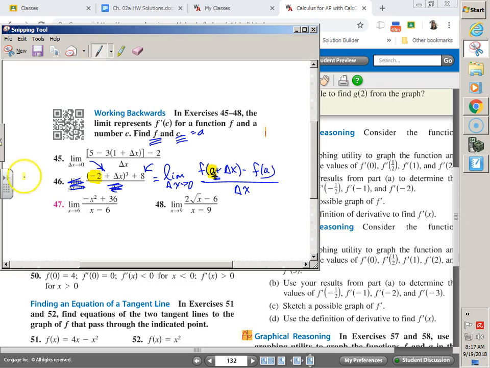Oh, a is -2. Now I need to figure out what's f. Who's f? Well, sadly, he's the guy that -2 got plugged into to make 8, and he's the guy that -2 plus delta x got plugged into. What do you see on the outside?